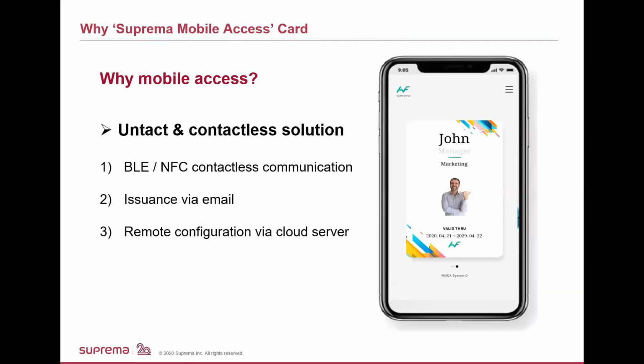Due to the coronavirus situation these days, people are worried about touching things. And in some other parts of the world where the population is decreasing, untact solutions to make an unmanned system are a big issue. I guess the mobile access card solution can help in both cases. Since the mobile access card uses BLE and NFC technology, people do not need to touch something that other people touch.